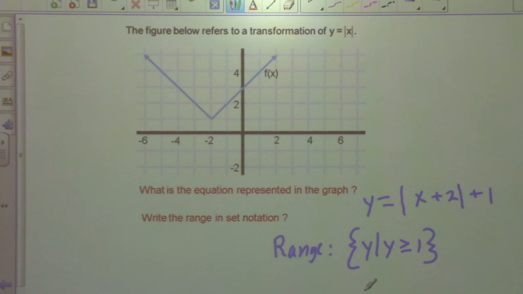Alternatively, you could write that as y such that y is in the interval from 1 to infinity.